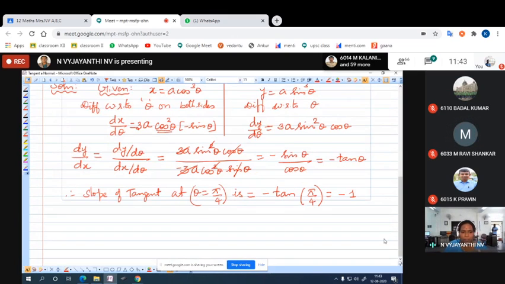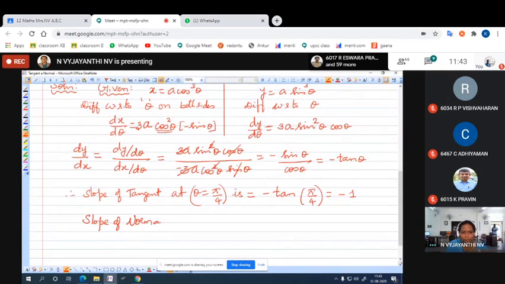So in this case, what is the slope of normal? Slope of normal is equal to minus 1 by slope of tangent, minus 1 by minus 1, that is equal to 1.